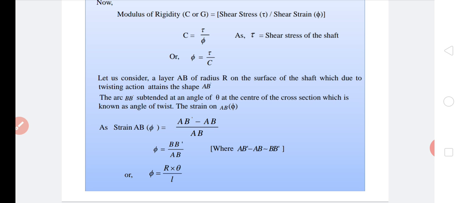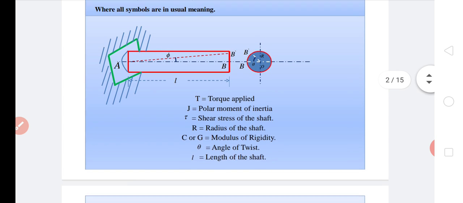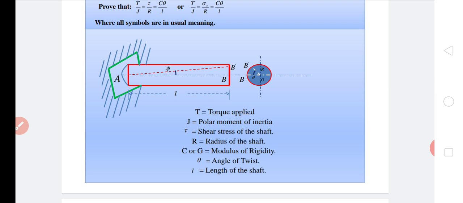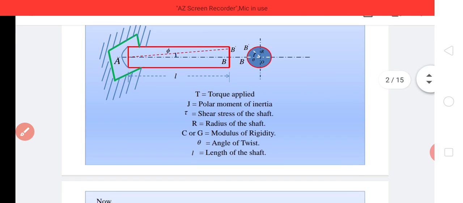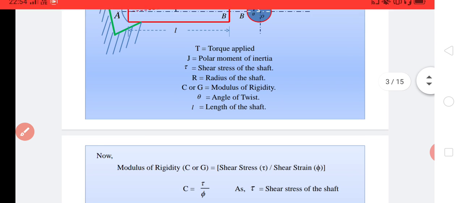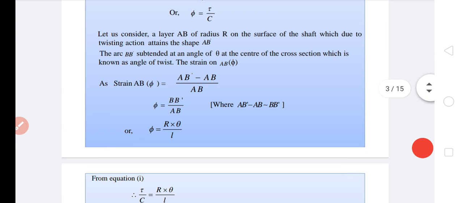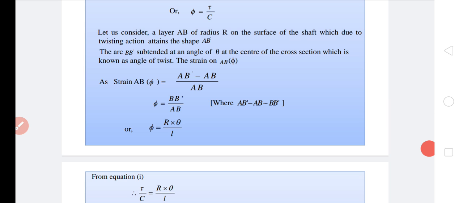So this BB dash in the figure equals R into theta.